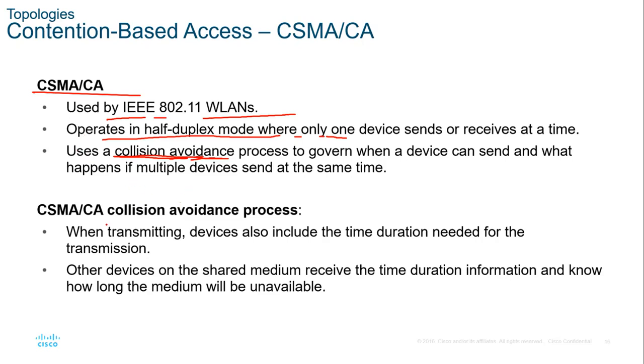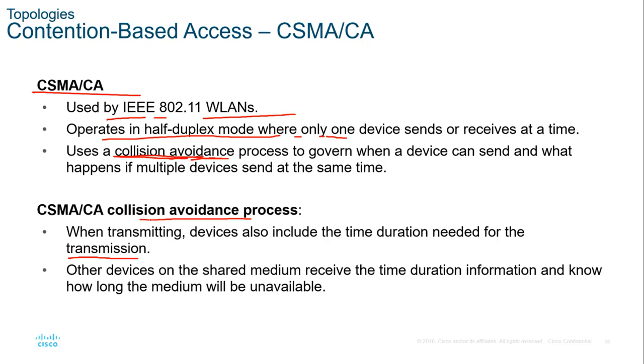In the process of collision avoidance, when transmitting, a device also includes the time duration needed for the transmission. It is like traffic lights: you are stopped for maybe one minute and it keeps counting.